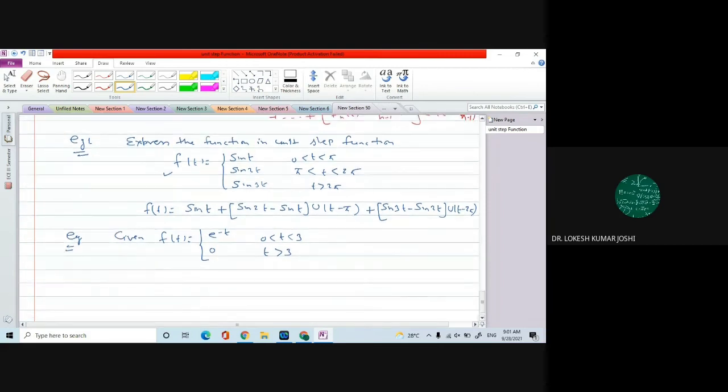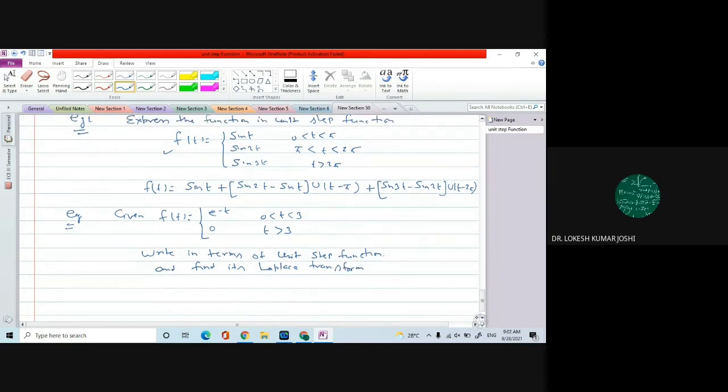Now, we have to write this piecewise continuous function in terms of unit step function. We have two objectives: write it in terms of unit step function and find its Laplace transform. Solution.